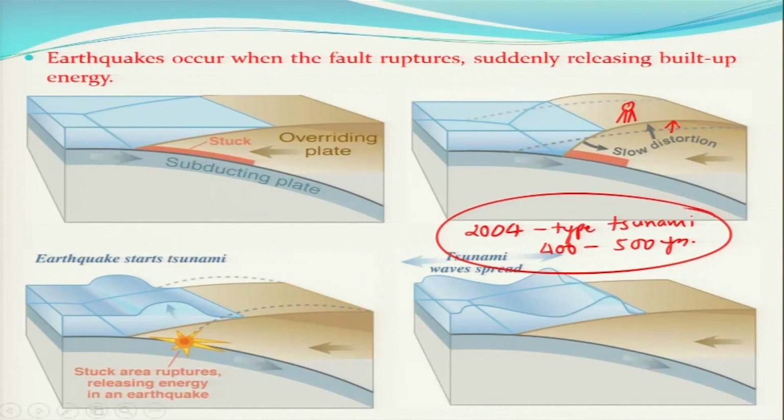So, the land has moved up, and then at the time of the release, this is the land which was uplifted, and at the time when it was released, it has come to this level. So, this is what we call the subsidence.